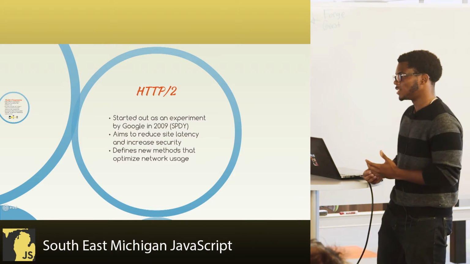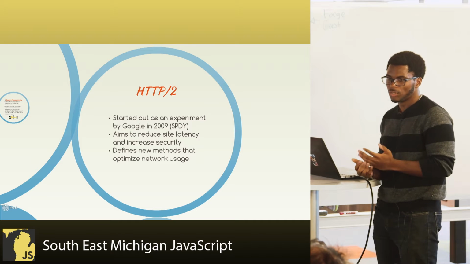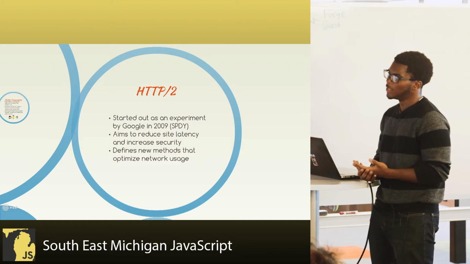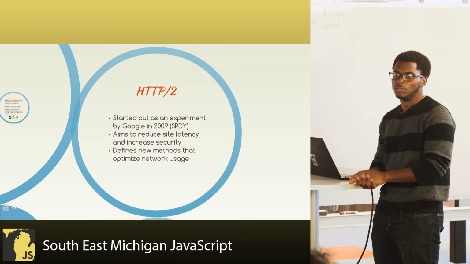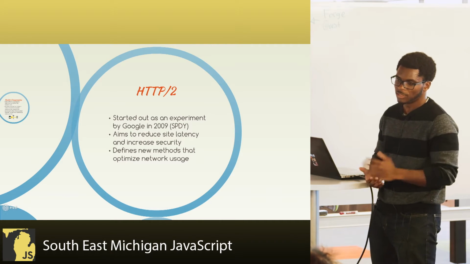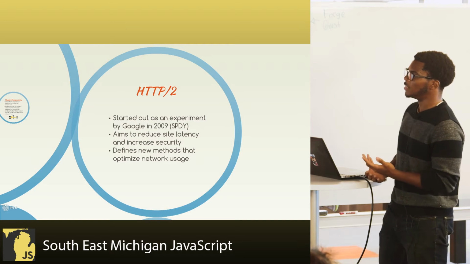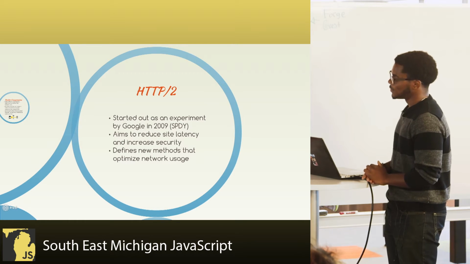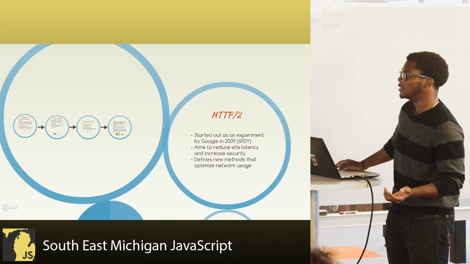They experimented with that for years, and it was actually a big project. They open sourced it, and it got insanely popular. It came out in 2009, and over time, Twitter picked it up immediately. Facebook picked it up immediately. They used a lot of the methods that were defined inside of that protocol. So they were trying to optimize it, and they actually succeeded.